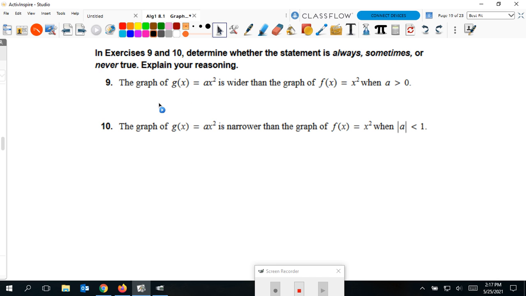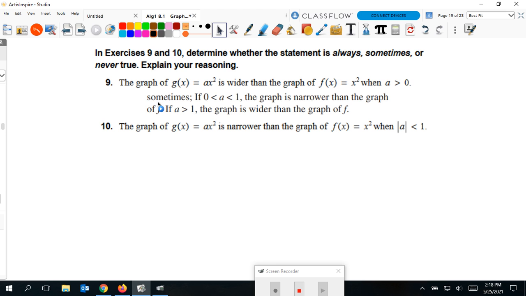So it could be wider, but if a was greater than 1, then it would be narrower. So if it's between 0 and 1, then the graph would be wider. So that's why sometimes is our answer on this one.